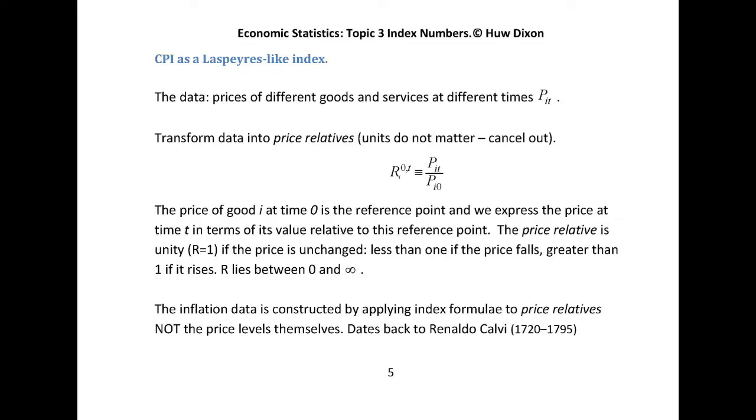So the inflation data we use is constructed by applying index number formulae to the price relatives as defined above, not the price levels themselves. This practice really dates back to Ronaldo Calvi, whose picture you can see on the first slide, the opening slide. So this is it. Inflation uses indexes, and the indexes are based on price relatives.